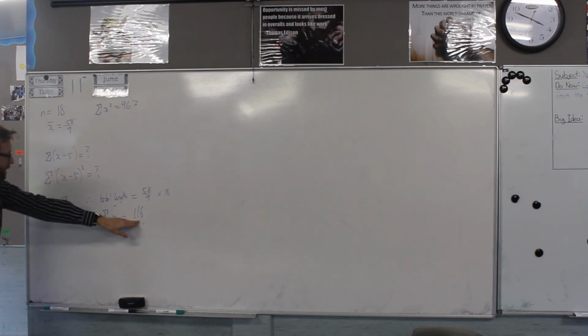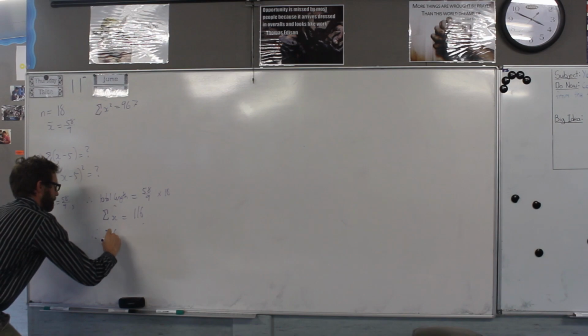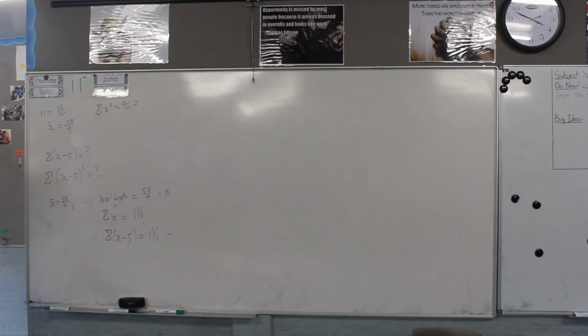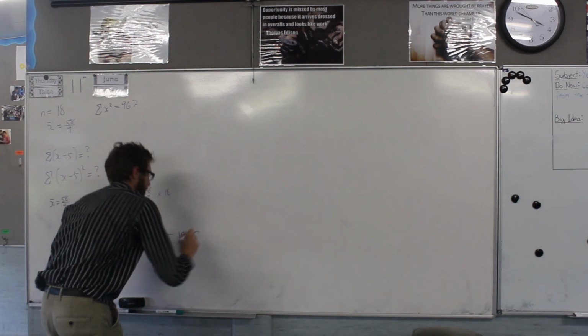So it's going to be this. Subtract 18 lots of 5 centimetres. Because for each of those 18 stick insects, we took off 5 centimetres.